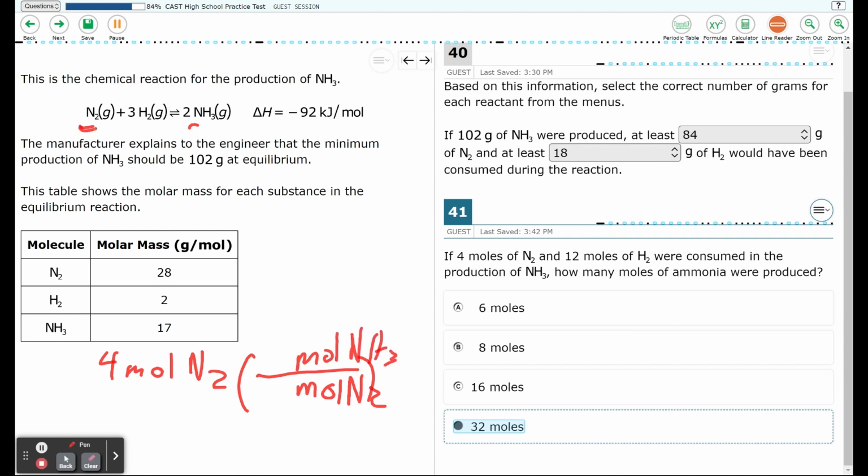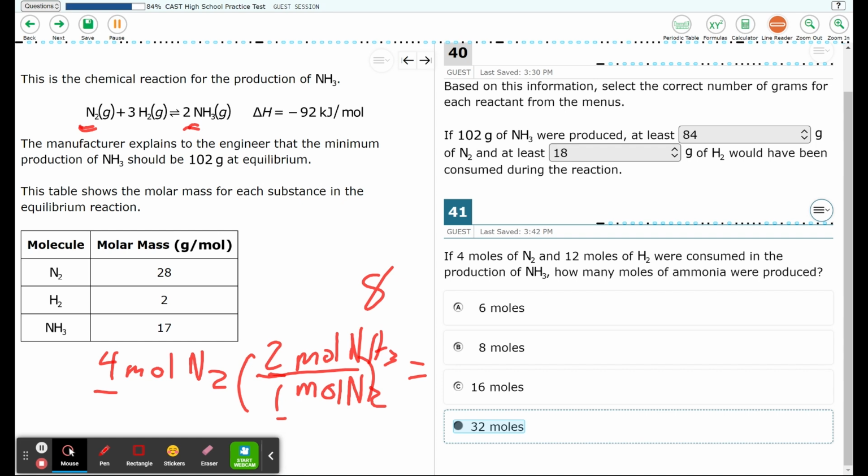And we can see 1 mole of N2 turns into 2 moles of NH3, and so that's going to give us 4 times 2 divided by 1, which gives us 8. So that looks like our answer is going to be 8.